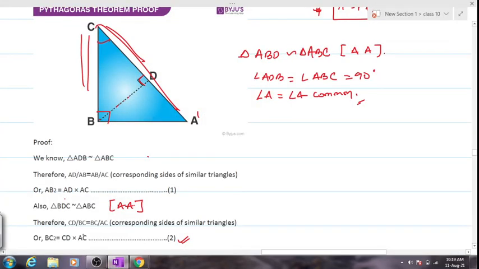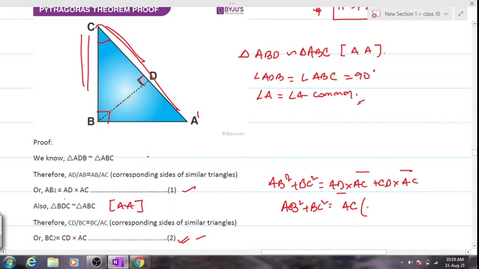So once we get this, we will add this equation 1 and 2. What will we get? AB square plus BC square is equals to AD into AC plus CD into AC. Yes or no? We'll have AB square plus BC square. Can we take AC common from both of these? We are left with AD plus CD. What is AD plus CD?